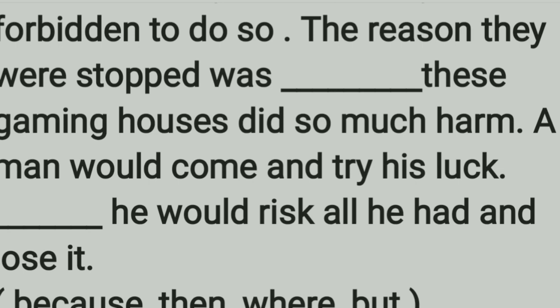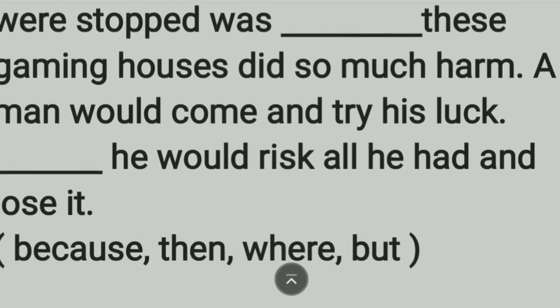The reason they were stopped was, reason, so it has to be "because", right? The reason they were stopped was because these gaming houses did so much harm. A man would come and try his luck, then he would risk all he had and lose it.